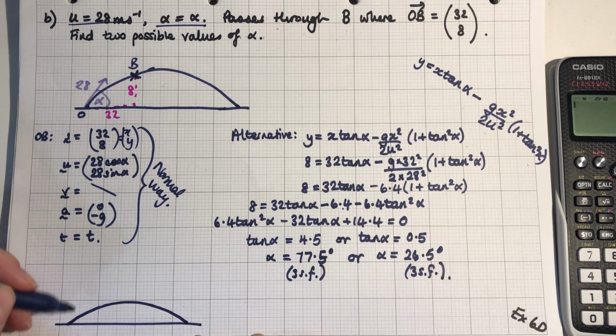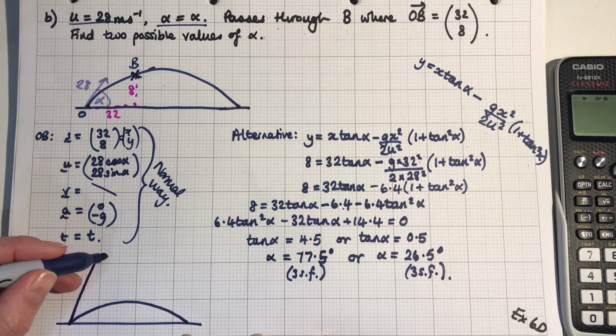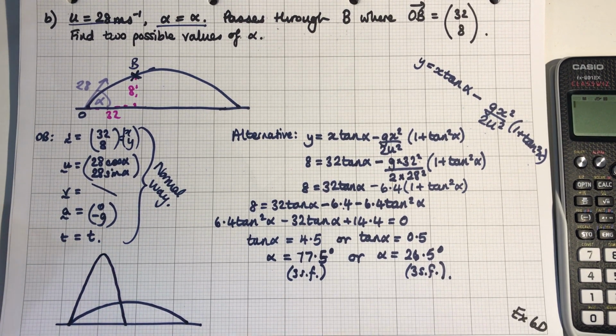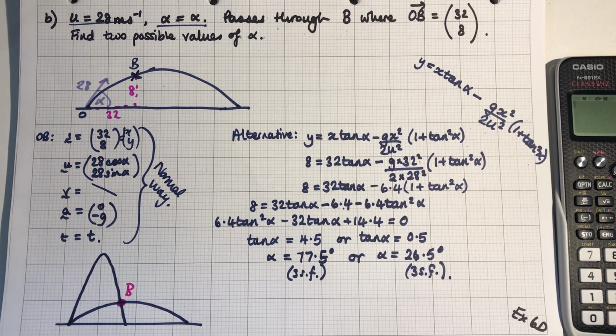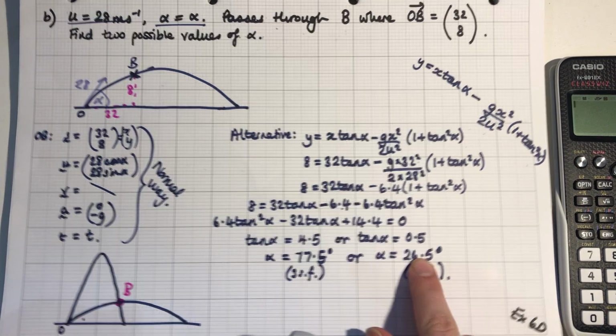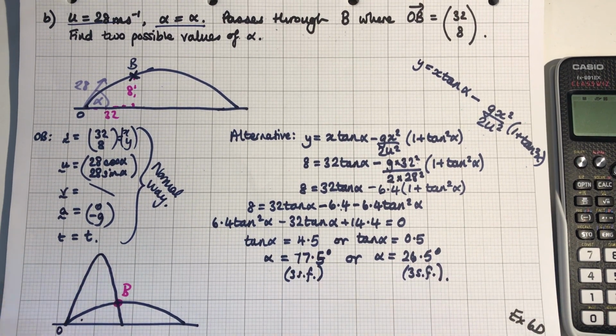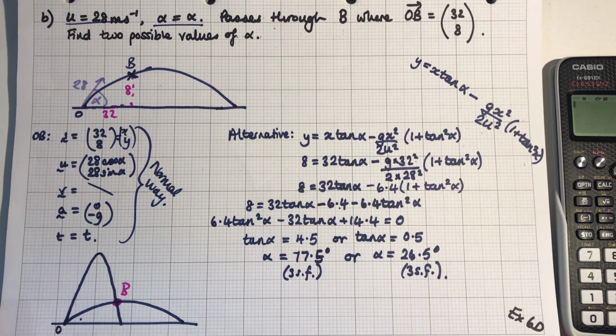Or if we go at an angle of 77.5, that's shooting it up much more steeply, and it looks more like that. Both of them pass through this point B. So this one has the angle of 26.5, or this alternative has the angle of 77.5, both of which pass through the point, which is a horizontal distance of 32 and a vertical distance of 8 up from O. So there were 2 possible scenarios that could fit the information we were given.